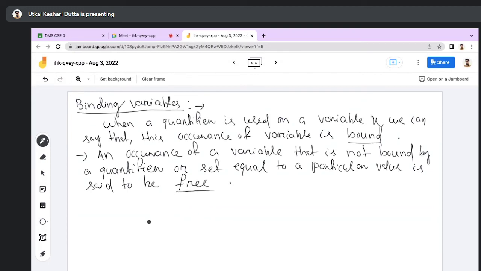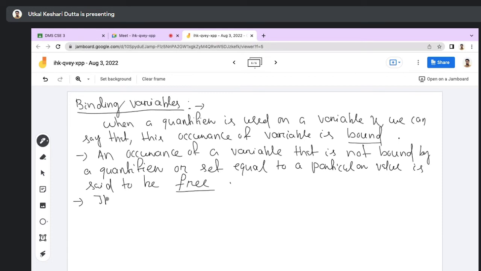That means those variables are present in the statement, but they are not bounded by the quantifiers. Also, no particular value is assigned to that variable. Then those types of variables are called free variables. Those variables used by a quantifier, or written after a quantifier, are called bound variables.